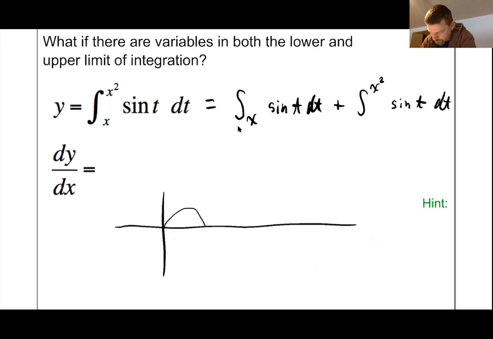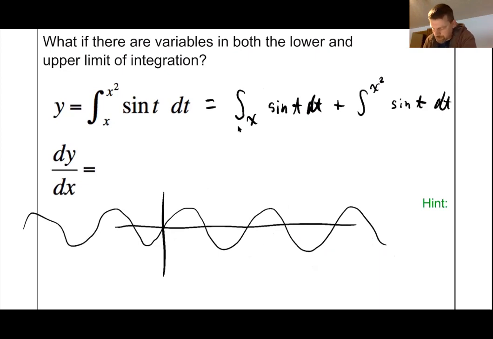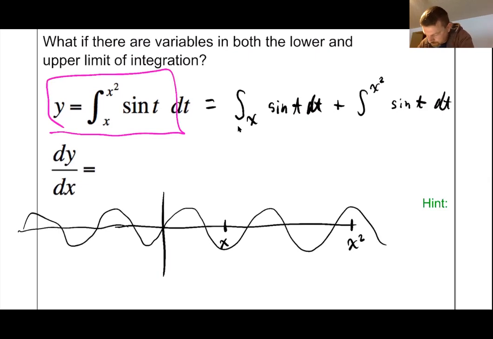Sine of x looks like this. Now x and x squared could be anywhere, but I'm going to assume they're positive, and it really doesn't matter because the math is going to hold anywhere. If x is right here, then x squared would be that number squared, probably out here somewhere. The integral from x to x squared would be all of that area.